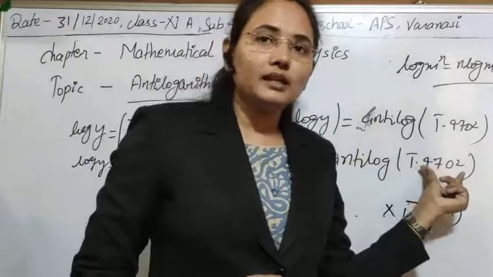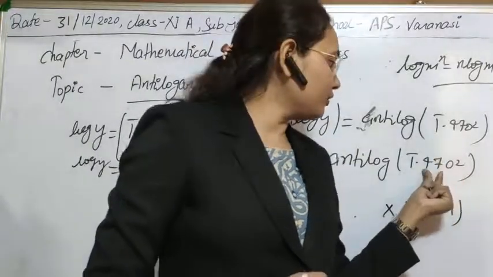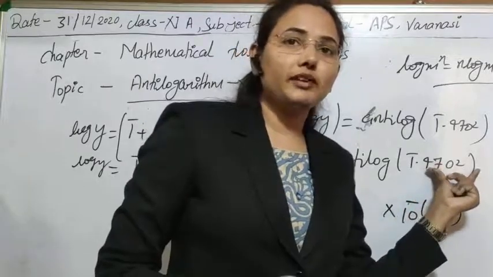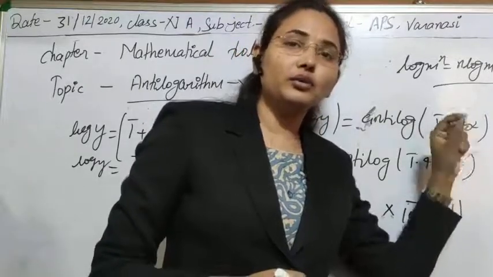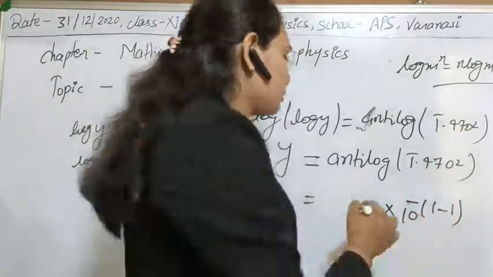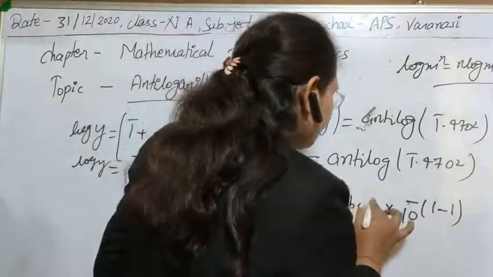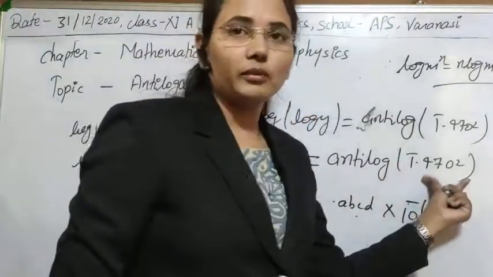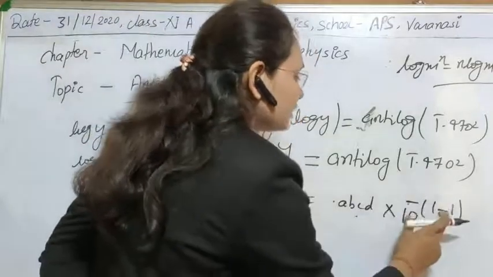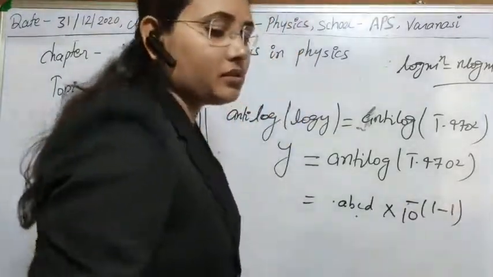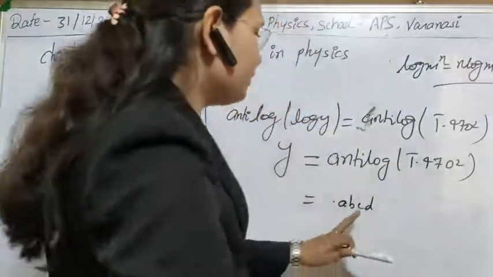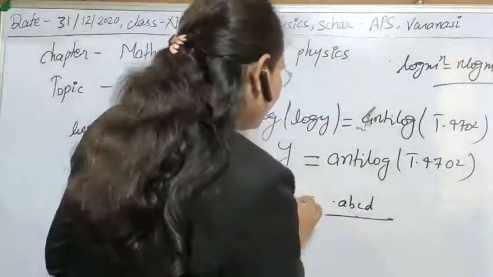After opening it, see the value of 0 from the 47.47, and after that see the mean difference for the value of 2, and add it there. After addition, just put it here, whatever value it is; you can see it from the log table by yourself. Obviously this quantity is 10 power 0, this becomes 1, so you have to remove this. So from the whole terms you will get this value of y.